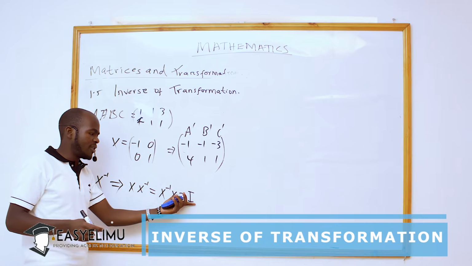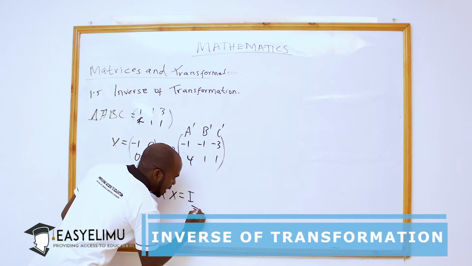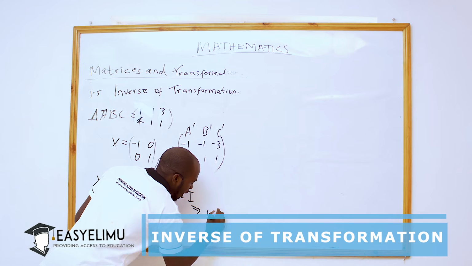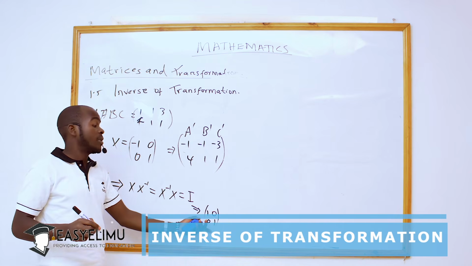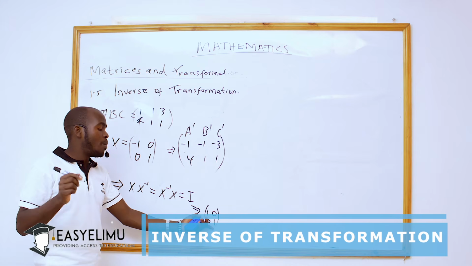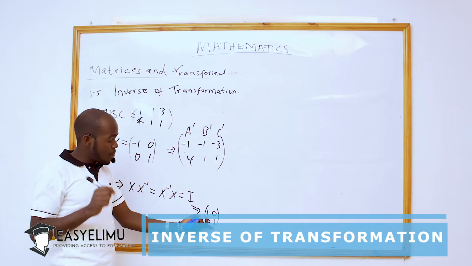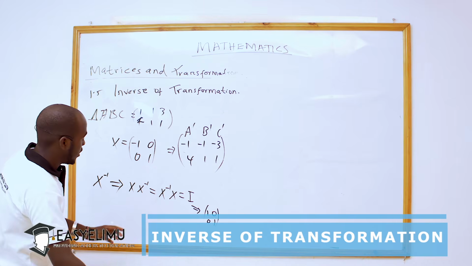What is an identity matrix? The identity matrix is the one which gives you 1, 0, 0, 1, and it maps an object back to its original position. This is the first way.